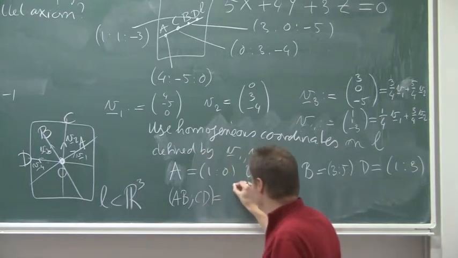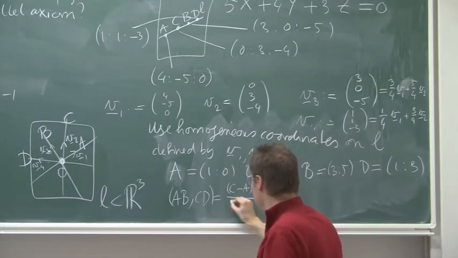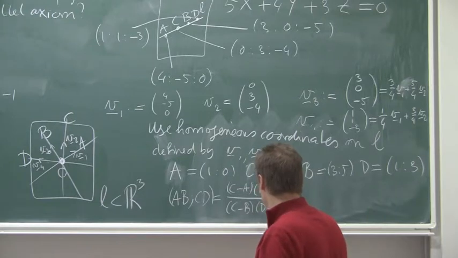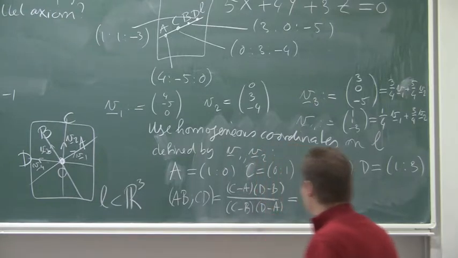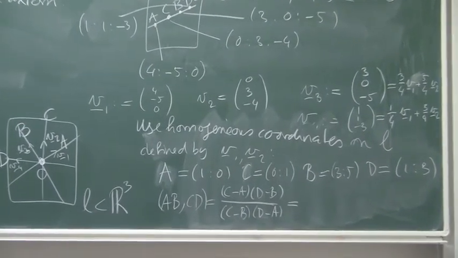How did we define it? C minus A, D minus B, C minus B, D minus A.